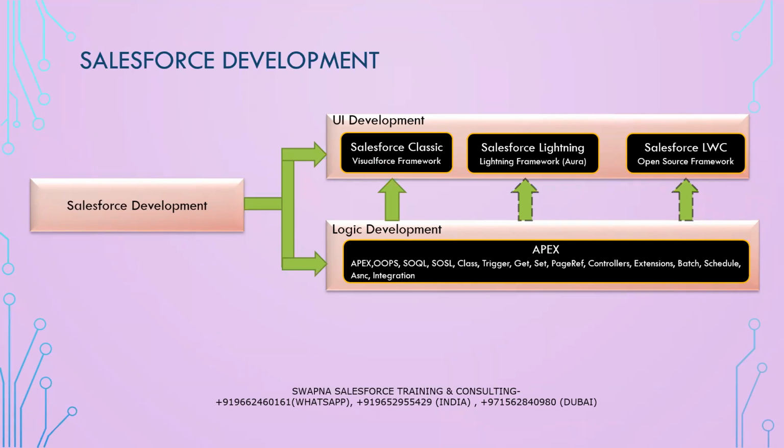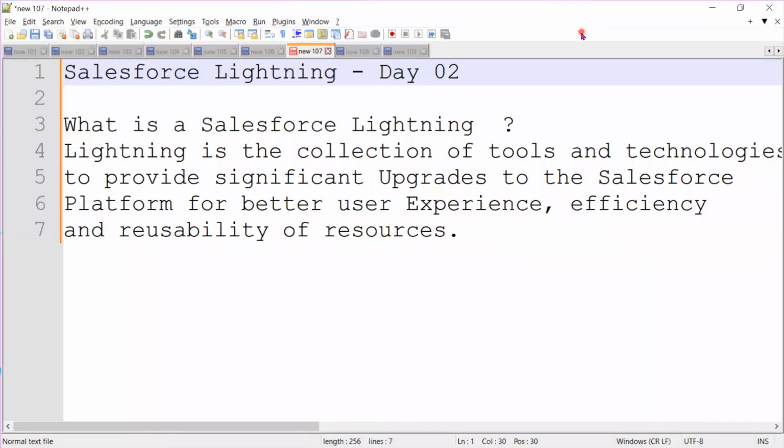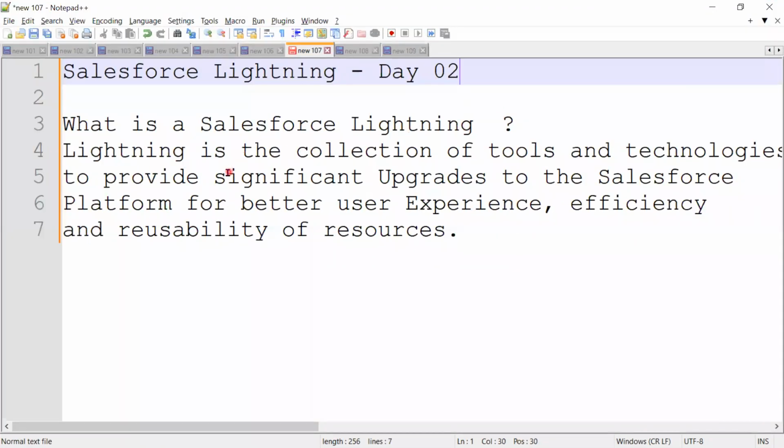So we have seen what Salesforce Lightning is. Yesterday we saw that Salesforce Lightning is a collection of tools and technologies. We use different tools like Aura, the third party tool, Lightning Builder, Lightning App Builder, LDS.